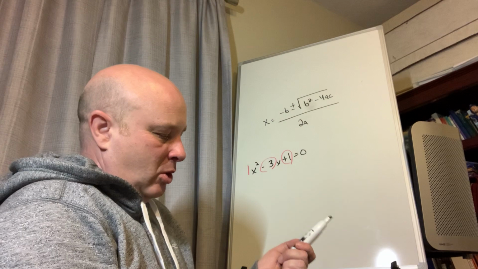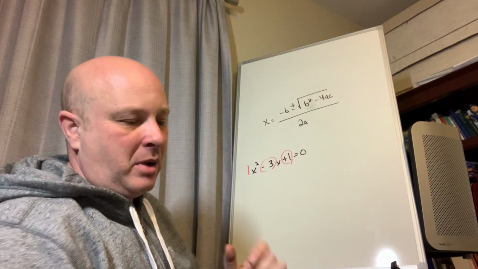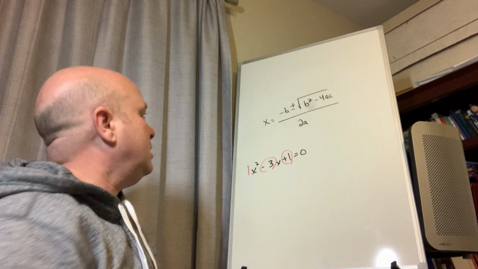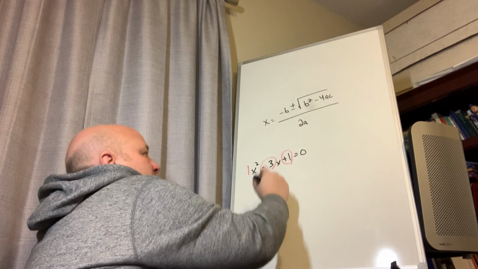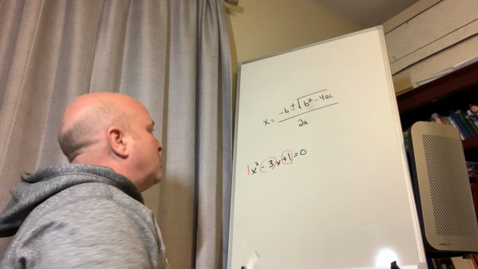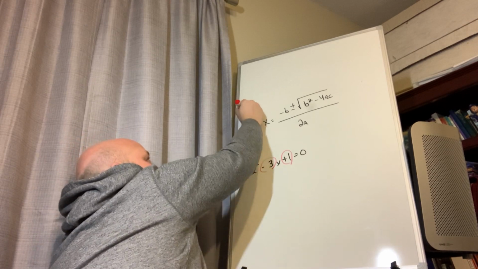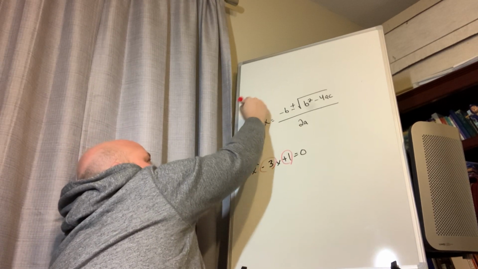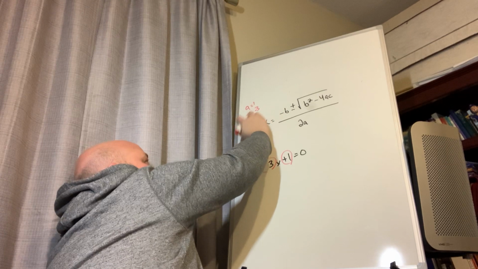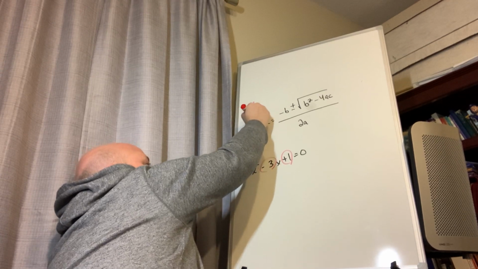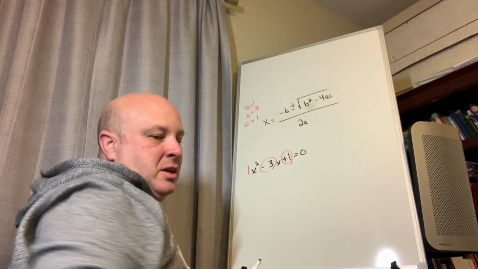Okay, so let's set it up according to my quadratic formula. Let me just write those and give myself plenty of room. So A, I said, was A equals 1, B equals negative 3, C equals positive 1.